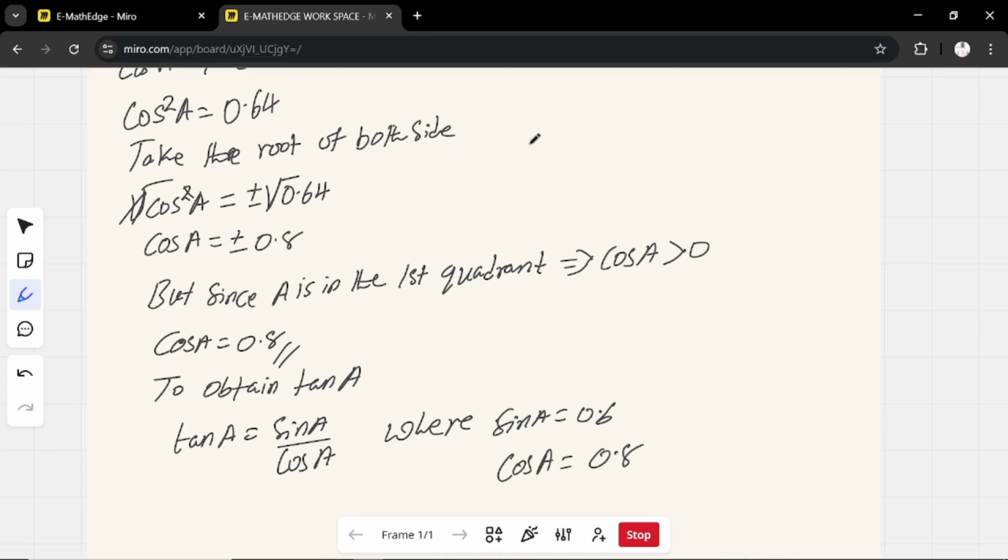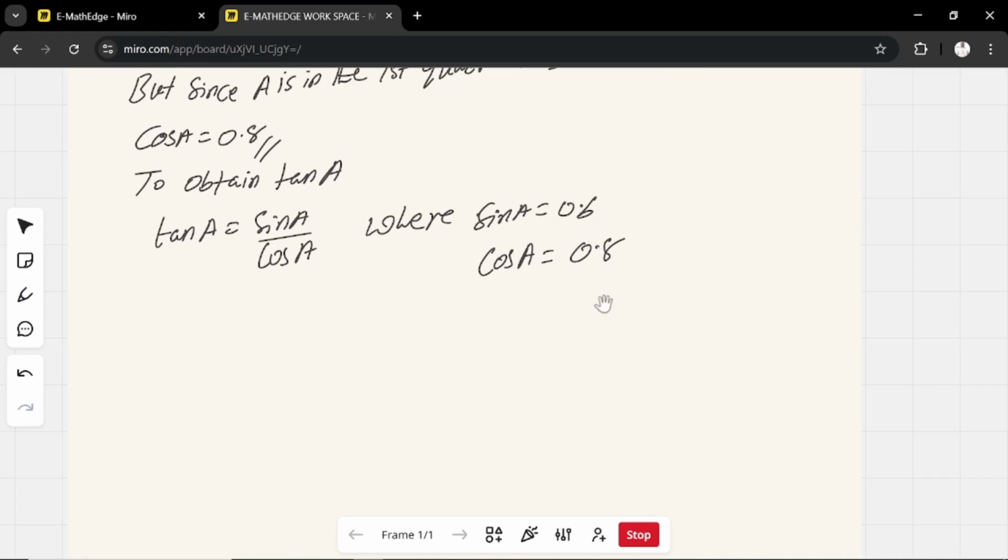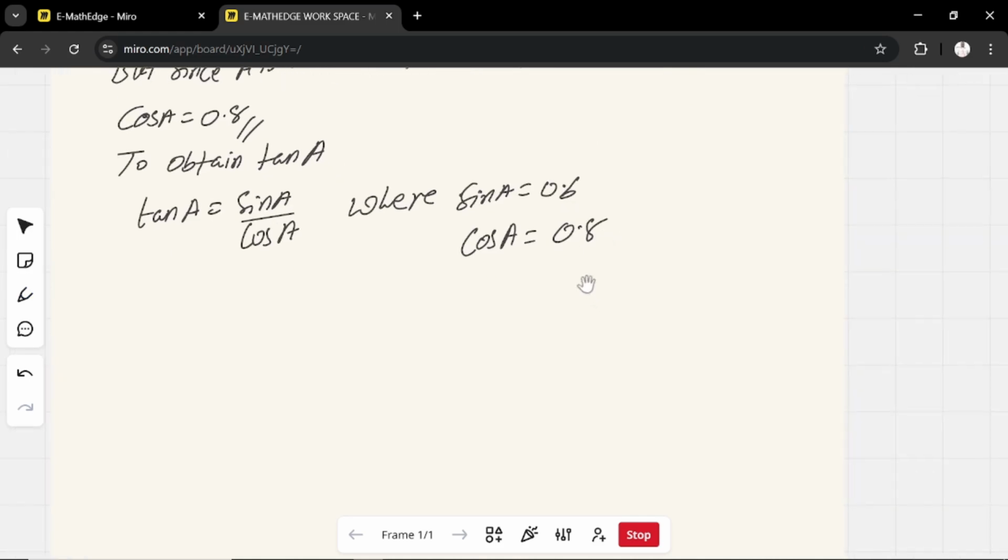So since we have the value for sine A and we also have the value for cos A, if we substitute these values into this formula, we are going to obtain the value of tan A. So let's go ahead and do that.